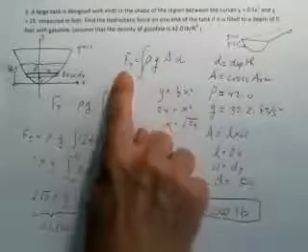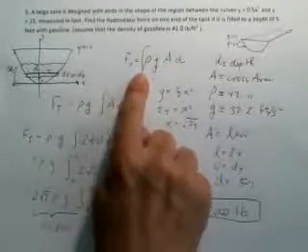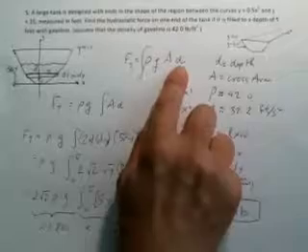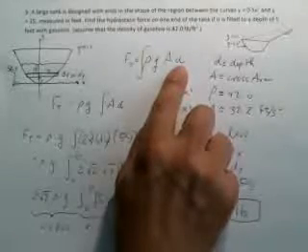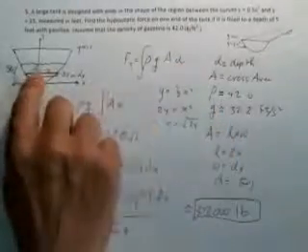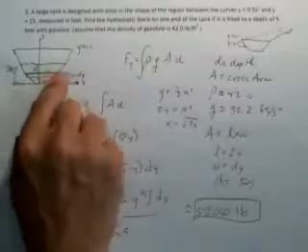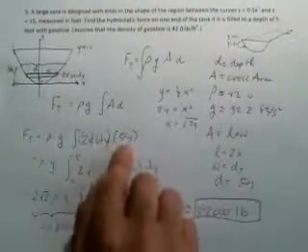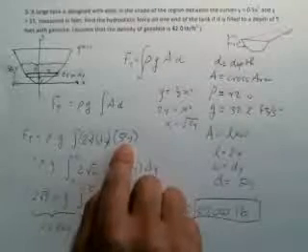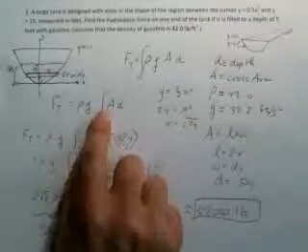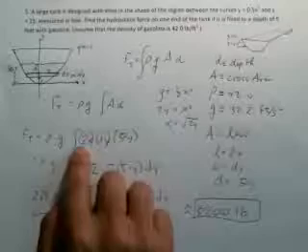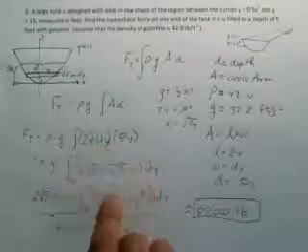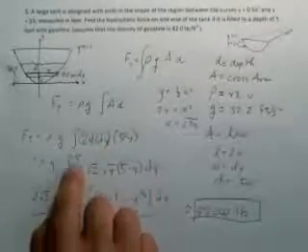And if you add them all up, the total force would be the integration of that, because the depth is a function of how much cross-sectional area there is. So that's why over here, 5 minus y would be the depth. Cross-sectional area, this got a little bit tricky, 2x times dy. And then integration from 0 to 5.